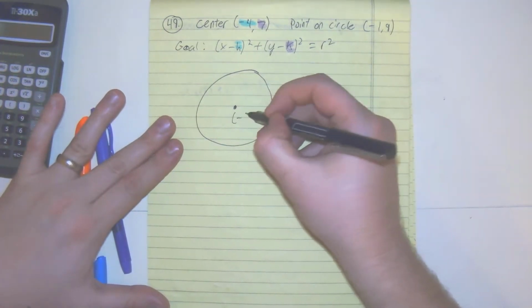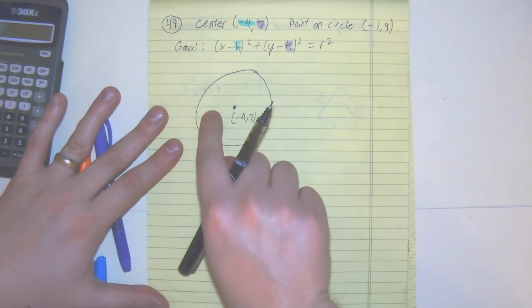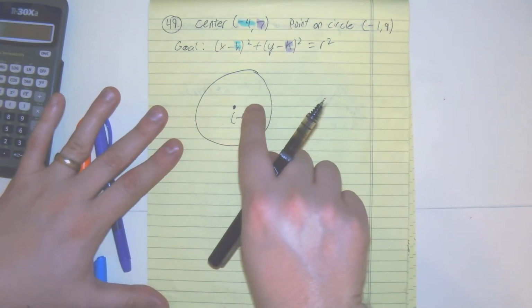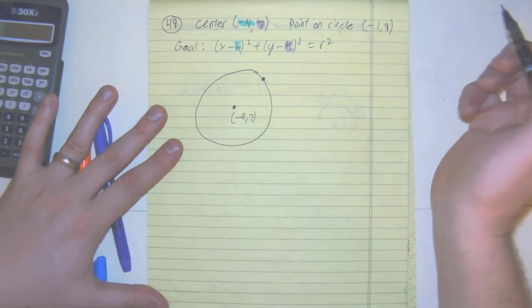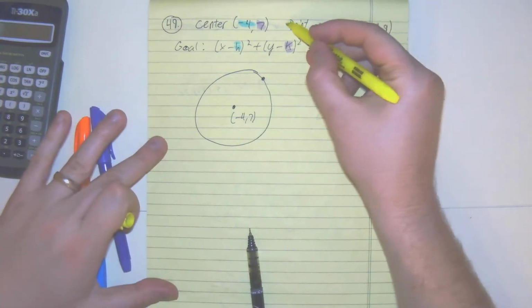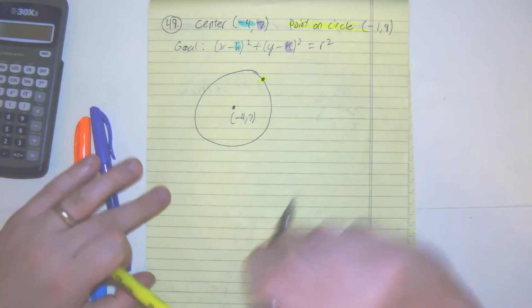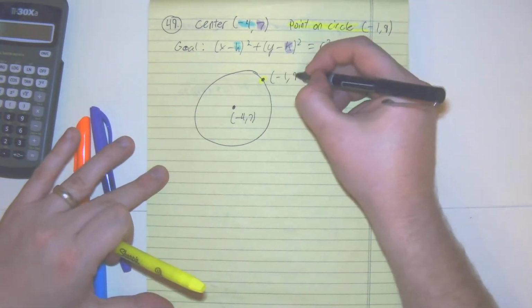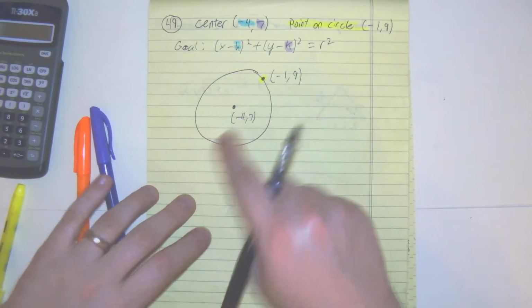So right here we have negative 4, 7, and the point on the circle would be like negative 1, which would be right here, and positive 9, which would be something like this. So the point on the circle would be that. Of course this doesn't have to be exact, and our center is right there.